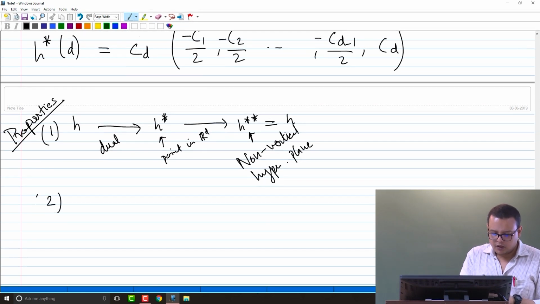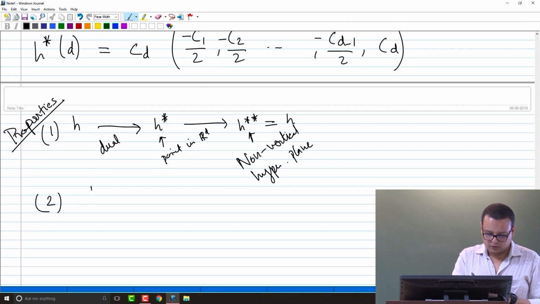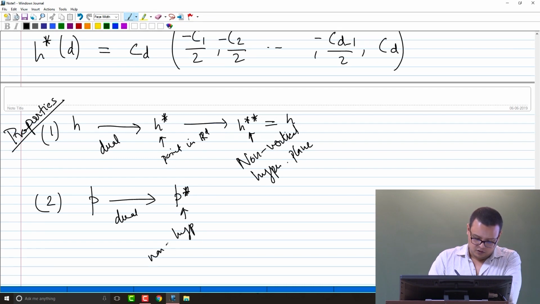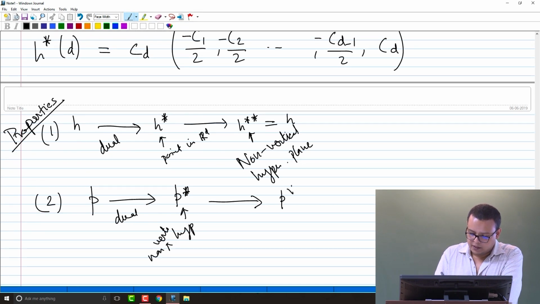Second is, now I start with a point. I take the dual, I get P star, which is a non-vertical hyperplane, and then I again take P star star, and I get a point back. This is again a point in R^d. What is the property?